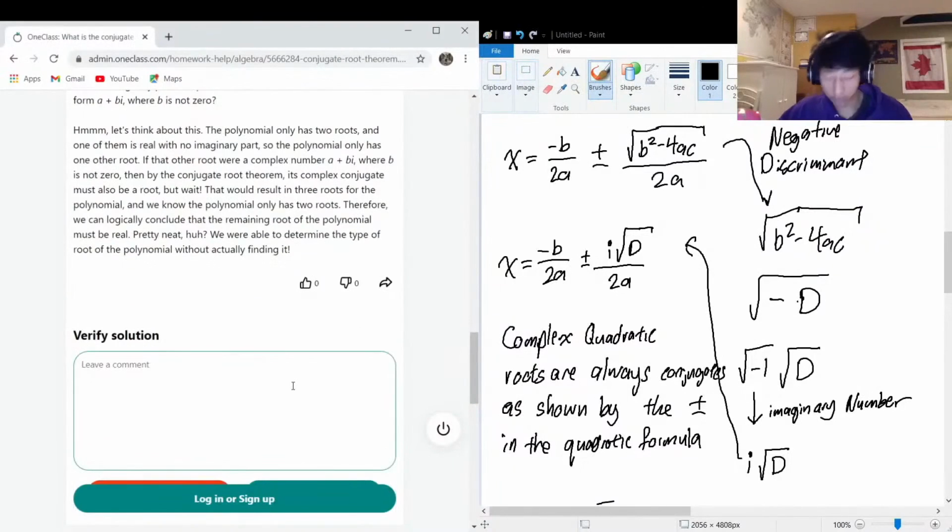Yeah, okay, so the above solution is good. It's good. From quadratic, could be helpful.